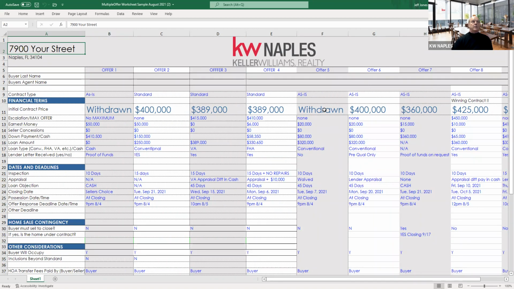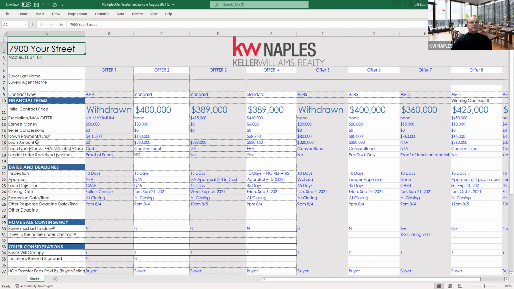But you can see that we start out with the buyer's name and the agent's name, the contract type, their initial offer, whether they have an escalation clause, what the max offer is, their earnest money, and any seller concessions. You don't see those 2 mentioned anymore. What's the down payment?